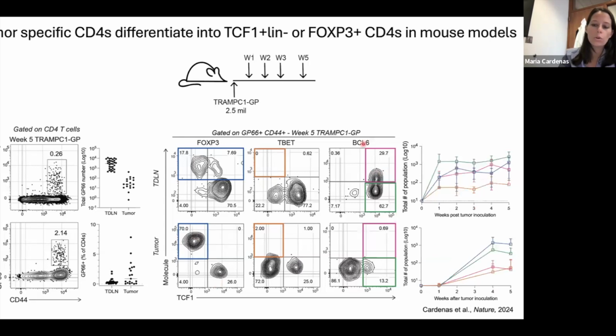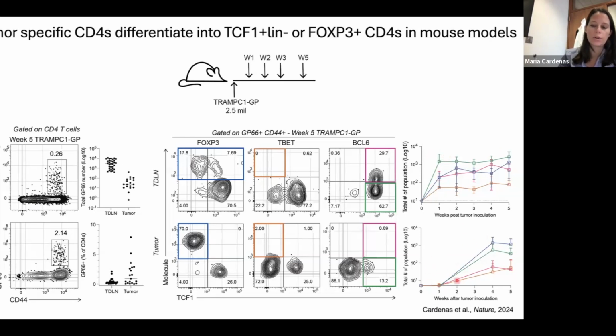And so what's really apparent is that even within 1 week after tumor inoculation, this TCF1 positive population is really the first one to come up. Again, they're antigen specific. Within 7 days, they're there within the draining lymph nodes, and they're maintained. Number-wise, they stay really, really consistent throughout the 5-week response. Within the tumor, it's a little slower.